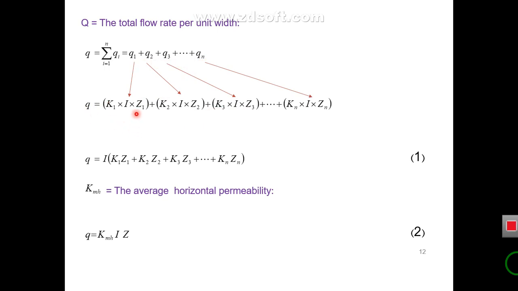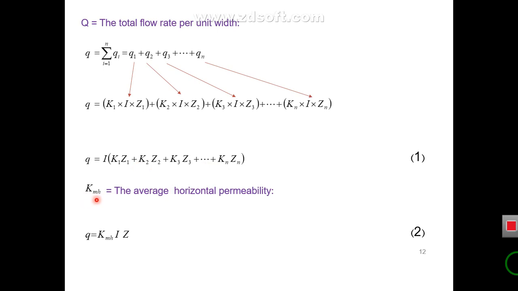Considering that the hydraulic gradient I is a common factor in all terms of this equation, then we can write Q is equal to I multiplied by K1 Z1 plus K2 Z2 plus Kn Zn.